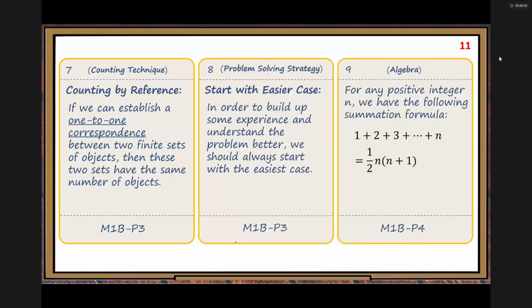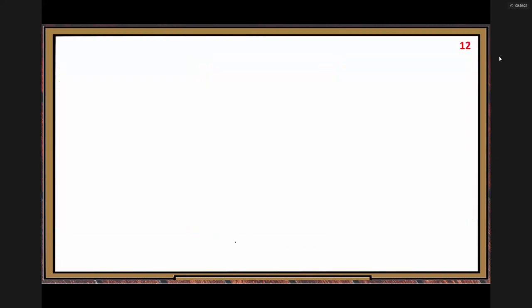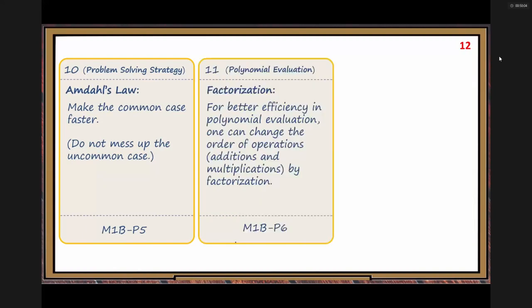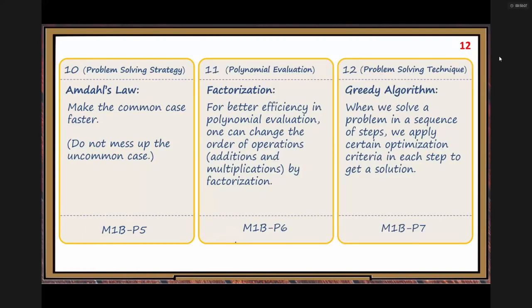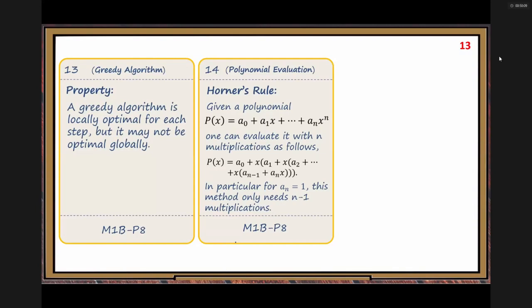Here, look at all these flashcards, Amdahl's law, and so on. 3 from part A, 11 from part B, so total 14 flashcards. You can use these flashcards to help you understand the main points, the important knowledge points in the material.